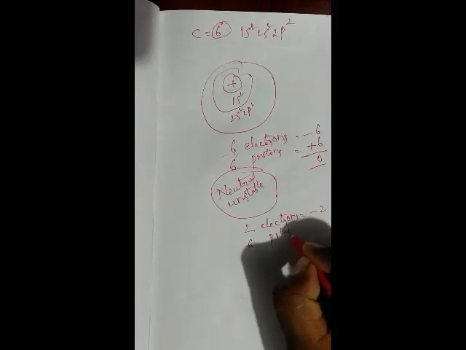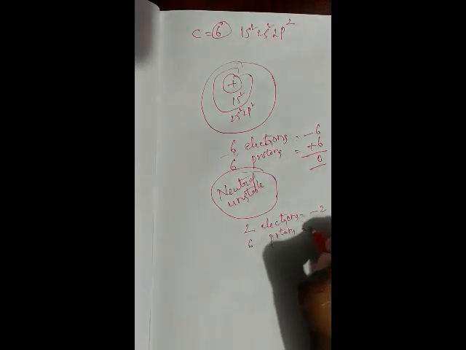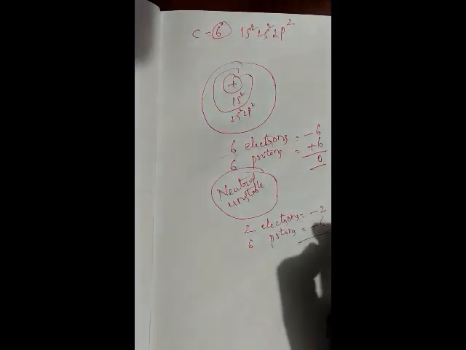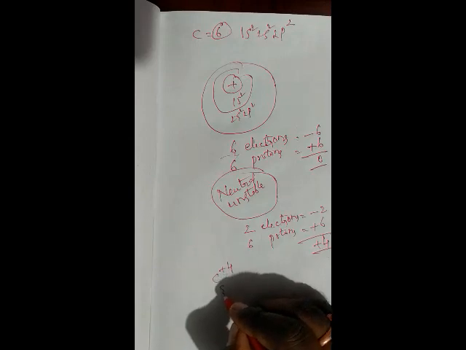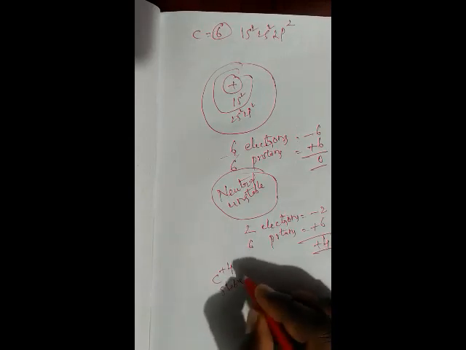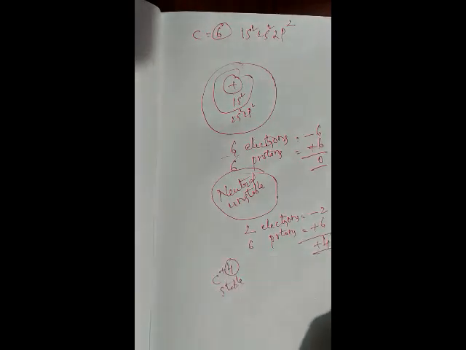So 6 protons, plus 6. So total, plus 4. Now this C plus 4 is completely called a stable atom, and the valence is 4.